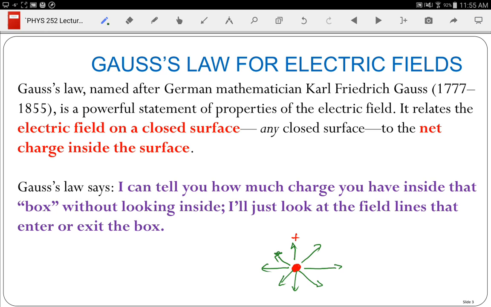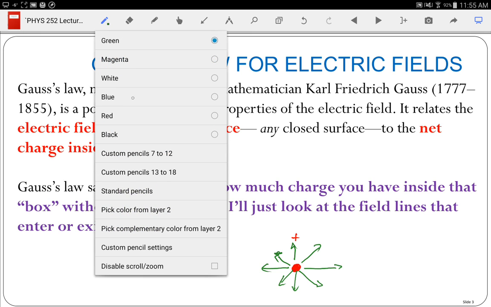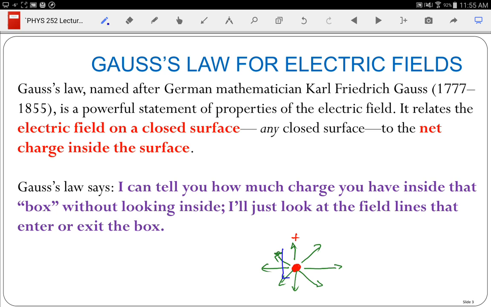Okay, so he realized, wait, since the number of these electric field lines is proportional to the charge, then let's look at my picture here. If I were to just make a box here, and count how many lines go out of that box, that would tell me how much charge was inside.